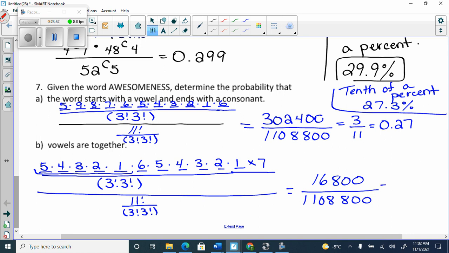Which is 1 out of 66. Which is 0.02. Times it by 100. Is 1.5%.